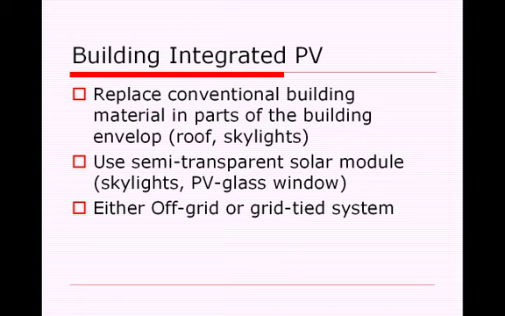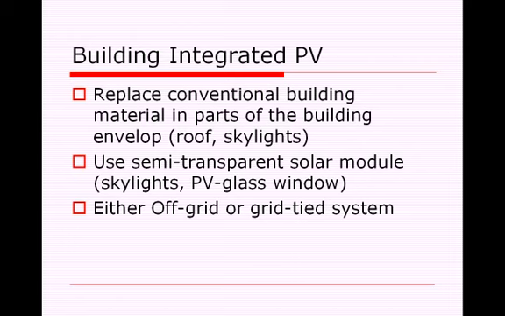Building integrated PV. Solar panels can be used for roof skylights. They replace conventional building material in parts of the building envelope. They use semi-transparent solar modules, and skylights and PV glass windows are two examples.